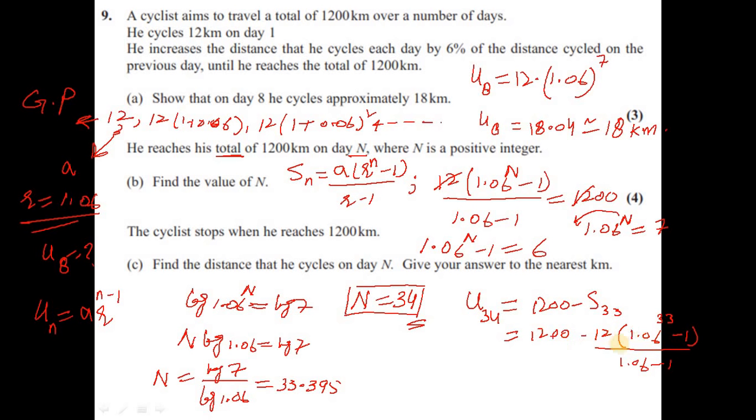And if you simplify this, U34 would be equal to 31.88 kilometer, and to the nearest kilometer you can round it off, so you can say that U34 is about 32 kilometer.